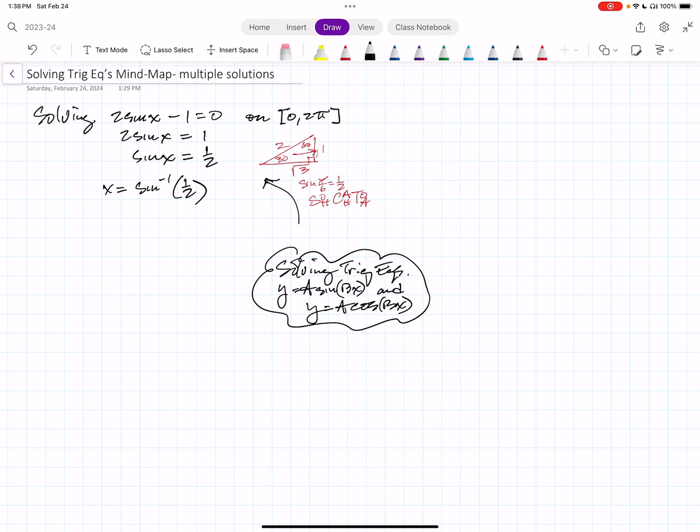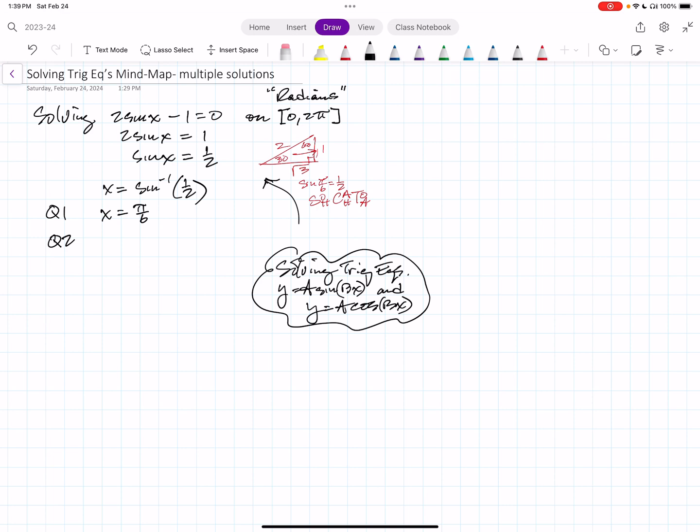But we know that sine is positive in 2 quadrants, quadrants 1 and 2. So we actually have 2 solutions, quadrant 1 and quadrant 2. So here in quadrant 1, our first reference angle is pi/6, as I said, or 30 degrees. Let's stay in radians here. If I said 0 to 360, then that would imply that you're in degrees, but we're in radians.